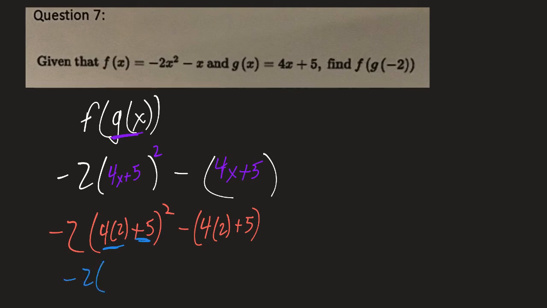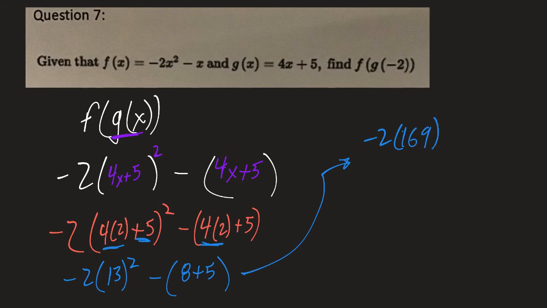So -2 times 13 squared minus, this is going to be an 8, plus 5 is another 13. And here we go. So we've got -2 times 169 minus 13. And we should get -338 minus 13, or -351.